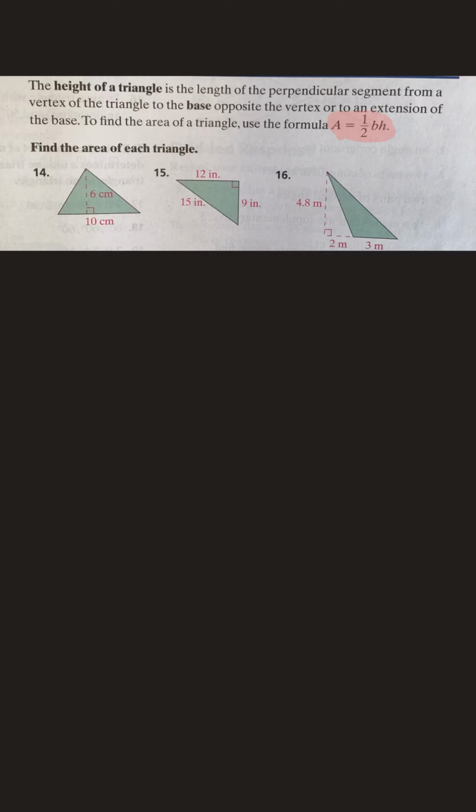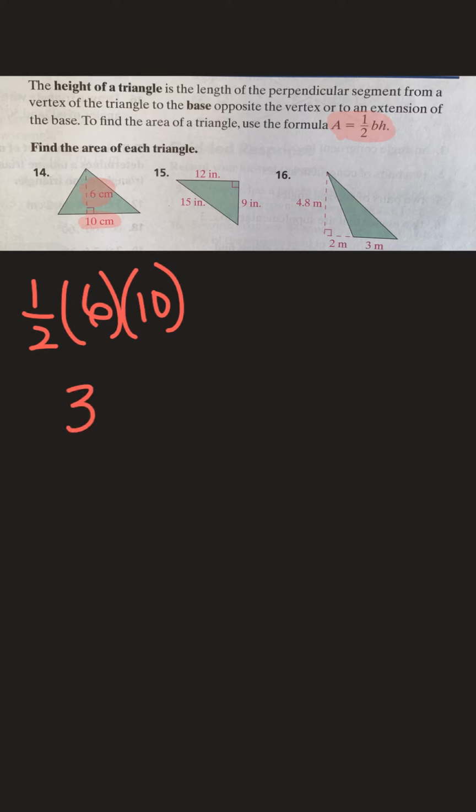So if we take this one, the base is 10, the height is 6. We're going to go half times 6 times 10. 6 times 10 is 60, divided by 2 equals 30 centimeters squared.